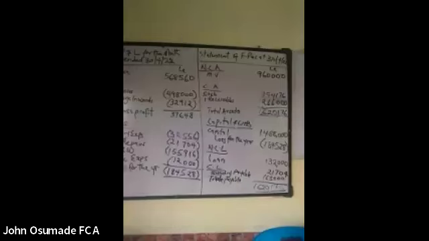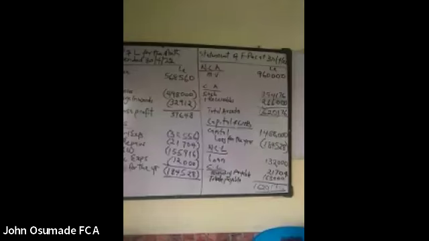I taught you the accounting equation. I told you that capital equals asset minus liability. Assets is the same thing as capital plus liabilities. Accounting equation: total assets is equal to capital plus liabilities.